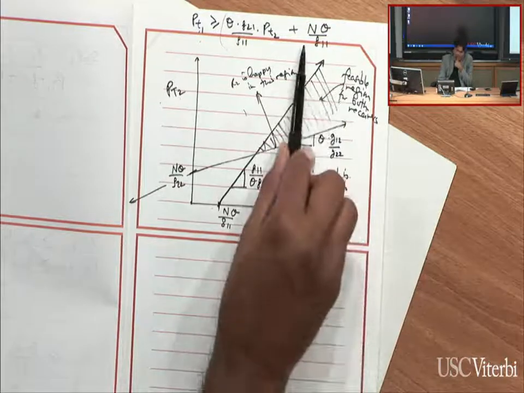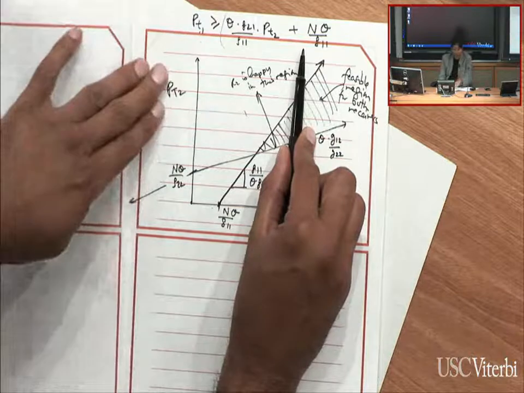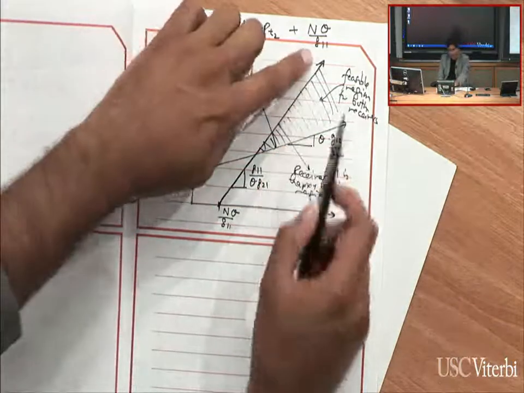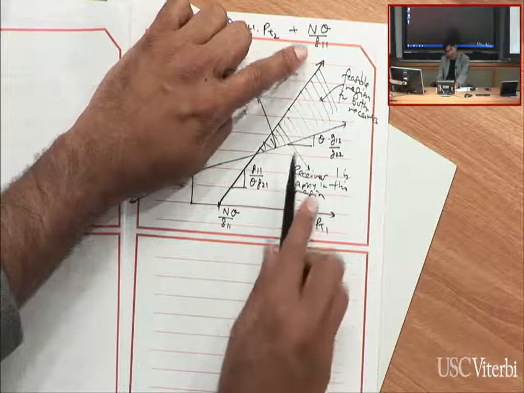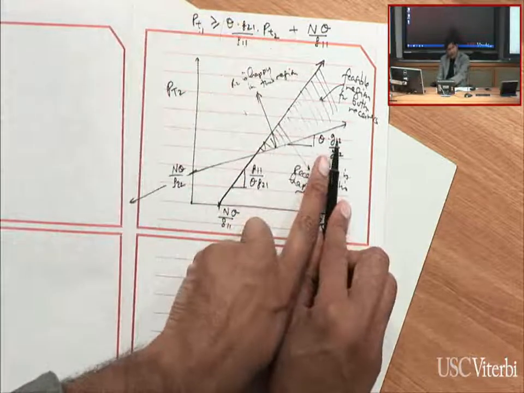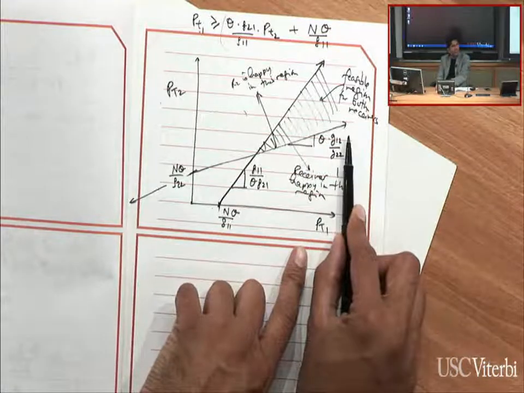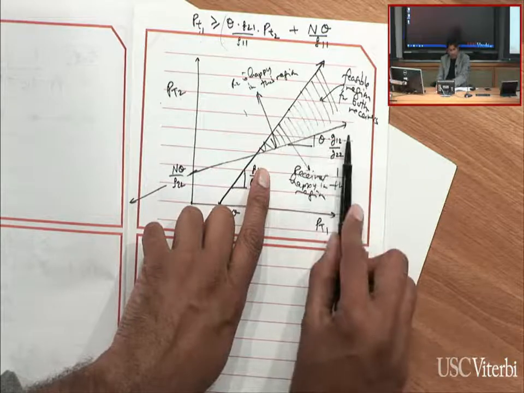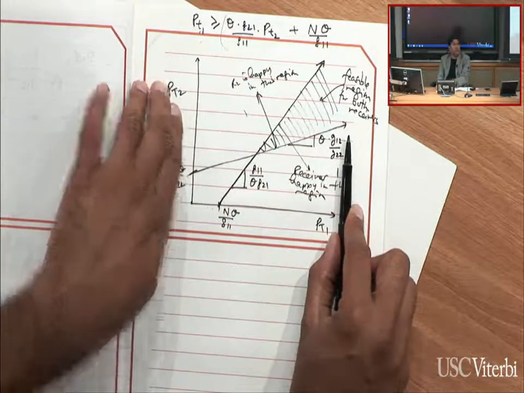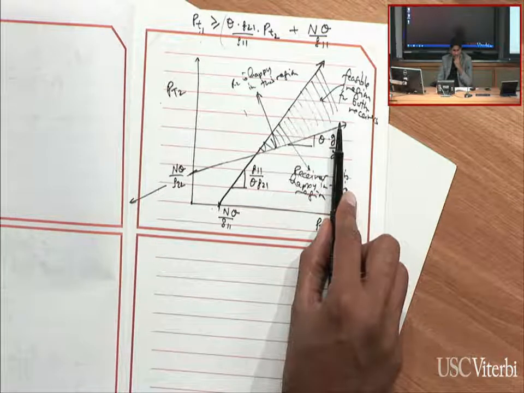If I'm too high up above this region, what ends up happening is receiver 2 is happy, its power level is good, but you've caused so much interference for the first receiver that it becomes unhappy. Likewise, if I operate over here, then receiver 1 will still be happy because you're sufficiently high above its curve, but you've caused too much interference to the other receiver. Right? And so this is the region in which we want to operate.